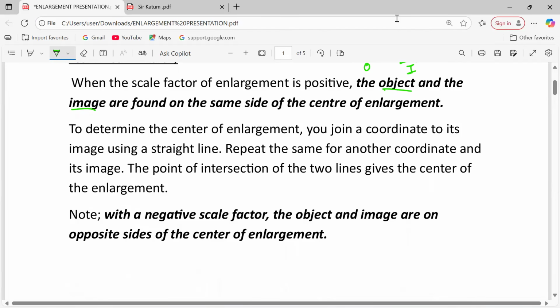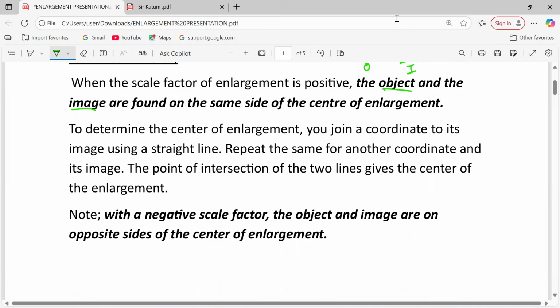Therefore, you have two lines, a line joining, for instance, point A and A prime, the image of A, and another line joining point B and B prime, the image of B. These two lines joining a coordinate to its respective image will intersect at some point.